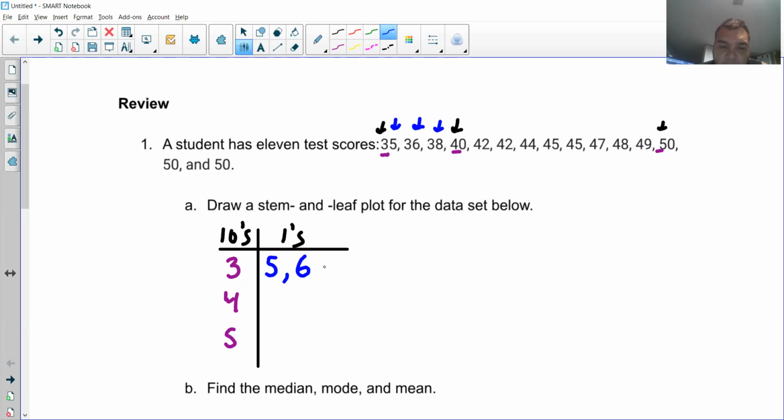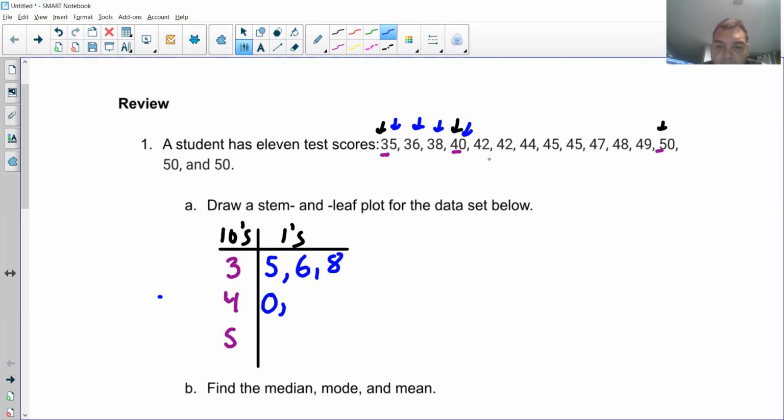Next one, 38. So 3 and 8. For this one, we're done. We don't have any more 30s, so we're going to move on to the 40s. So 40s, I see just a 40, so that'll be a 0 here.